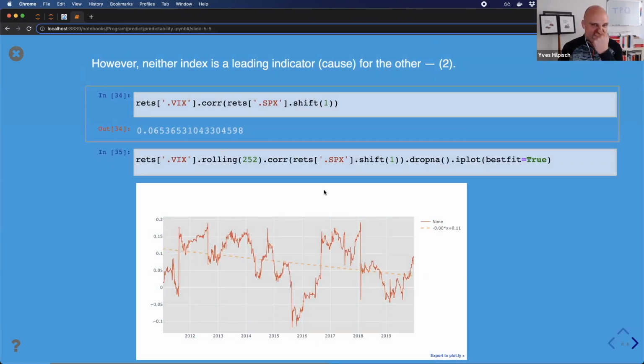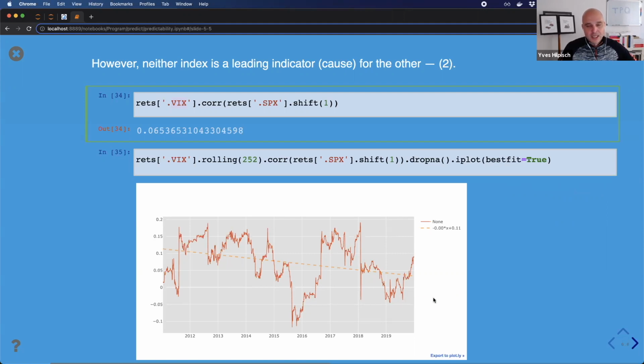So I could say, well, if the one is not leading the other, maybe it's simply reversed. And here I use the S&P 500 change from yesterday versus the change of the VIX today. And you see it's basically the same, slightly higher, but still pretty close to zero. And here we see it doesn't even reach 0.2 nor minus 0.2 in this context.